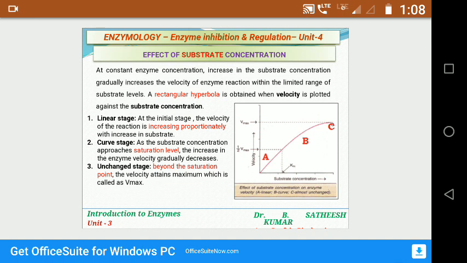And the curve stage is the stage where the concentration of substrate is approaching the saturation point.